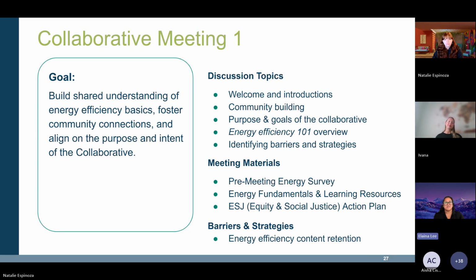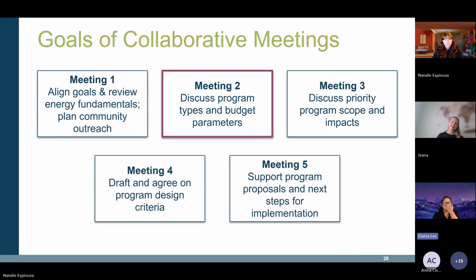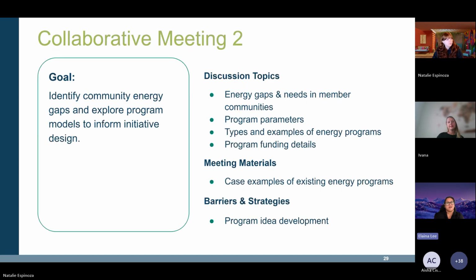Then on to meeting 2. Just to dive more into the types of energy efficiency programs that have been done. On the next slide, you'll see our goal was to showcase some of the programs that have existed already. 2 of the SoCal REN implementers joined the meeting and shared information on the programs with our Efficient San Gabriel Valley and Kids for Kids programs that offer really great examples of how programs can be designed around community needs.